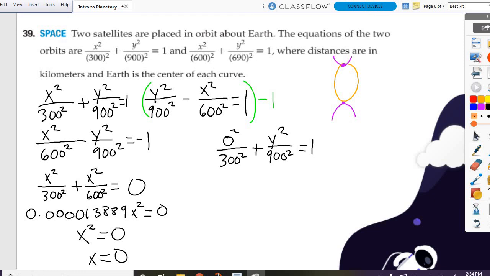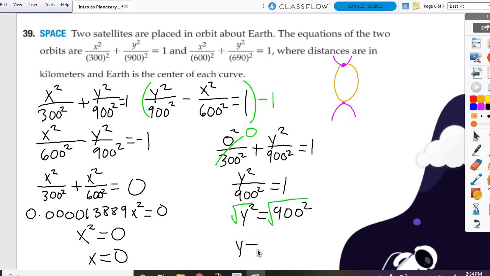Notice that this whole first fraction is just going to go to 0, which is nice, it goes away. So then I just have y squared divided by 900 squared equals 1. So now notice that when I multiply both sides by 900 squared, well, 1 times 900 squared is going to be 900 squared. And then I can take the square root of both sides.